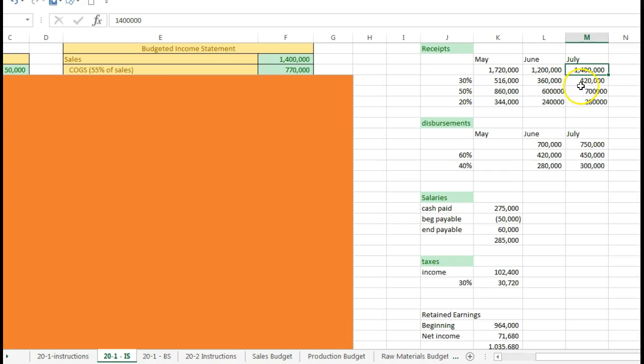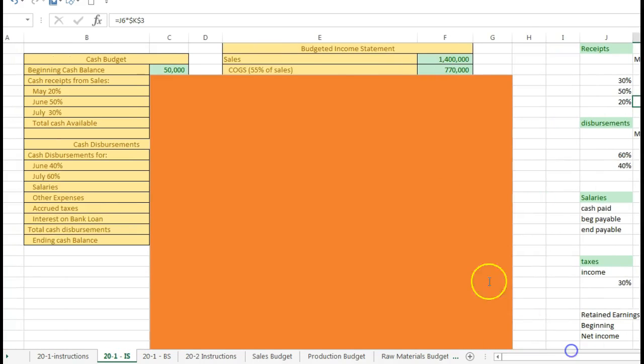So now I'm looking at the end of July, and I'm saying, okay, what needs to be paid yet? Well, I'm 3 months out from here, so what is going to come in? So this 20% here should be part of my receipts.